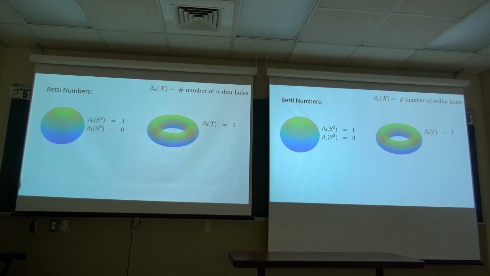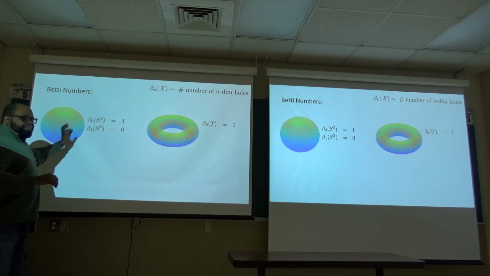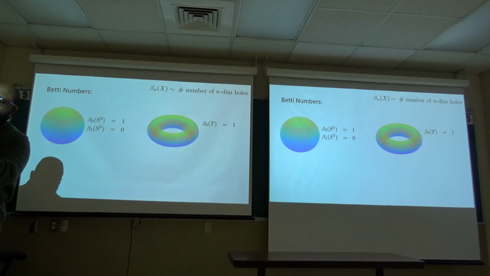A one-dimensional hole is the same as a closed loop that doesn't bound anything. Take the sphere, right? Draw a closed loop on the surface of the sphere. There is always a spherical cap in the middle of the closed loop. Any closed loop bounds a piece of the sphere.